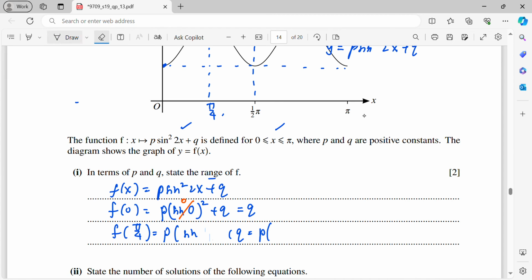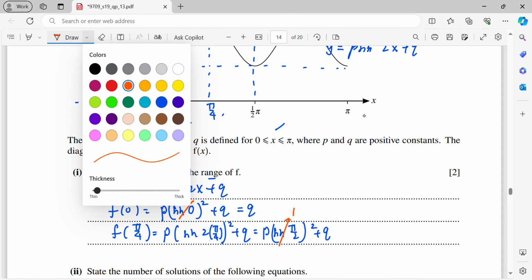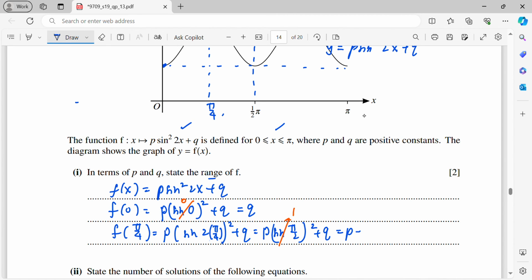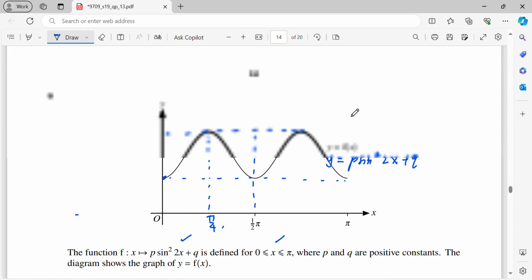So here, sin squared 2x, then plus q. This is p sin(π/2). Sin π/2 is 1. Right? So it's actually p plus q. So I know that here is q. This is p plus q.